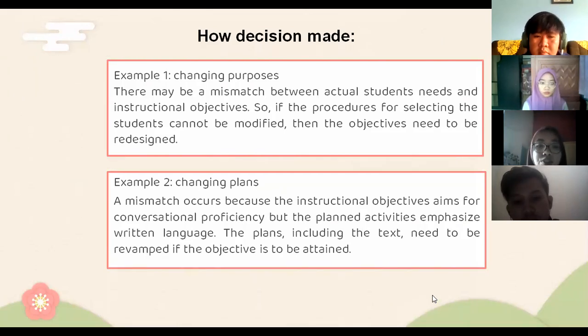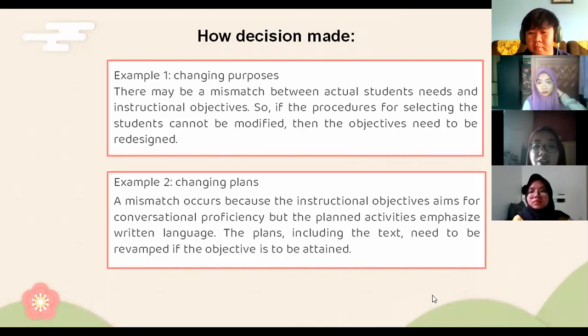Example 2 is changing plans. A mismatch occurs, for example, because the instructional objectives aim for conversational proficiency, but the planned activities emphasize written language. So the plans, including the text, need to be changed if the objective is to be achieved.